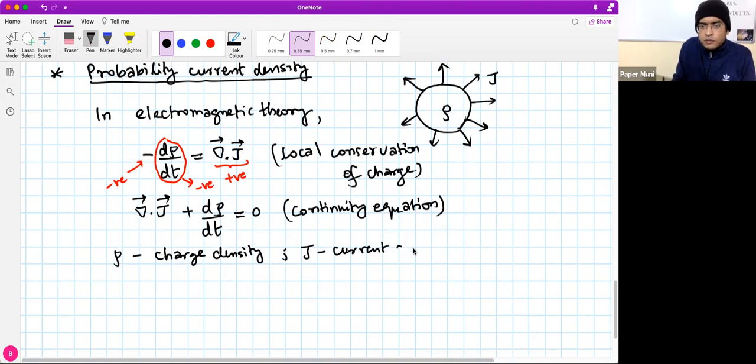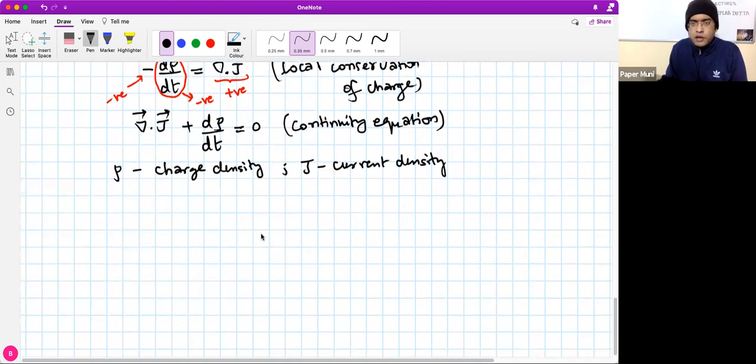There is a similar situation in fluid mechanics, where you get the same continuity equation but for the flow of mass. We'll not get into that, but I gave this example to give you an idea of how to think of the probability current density. Now let's see how we can treat probability like a flowing quantity.